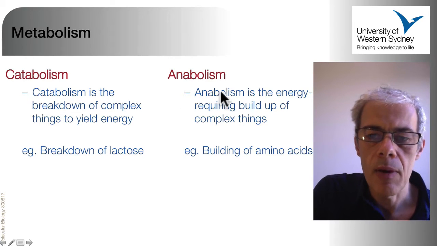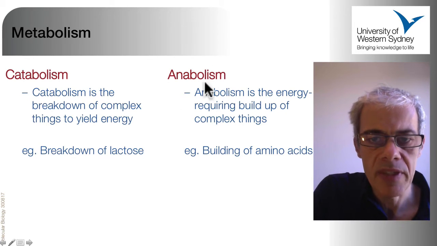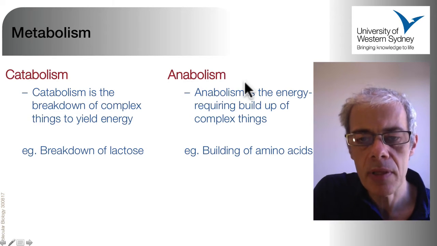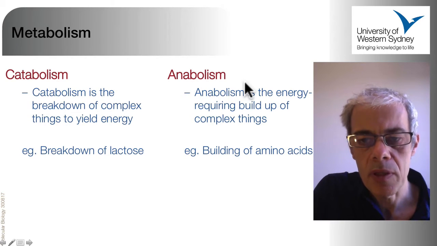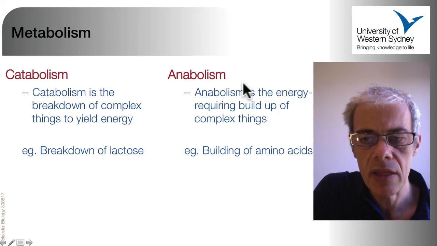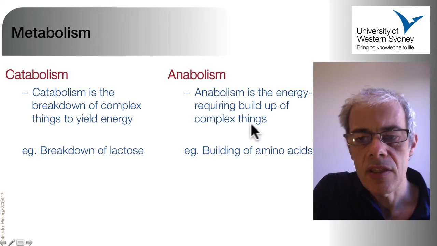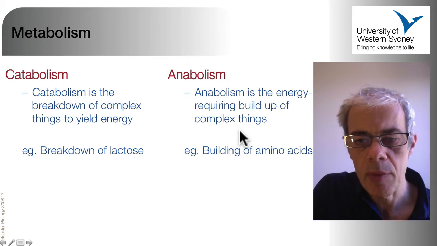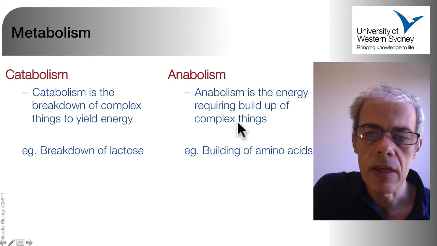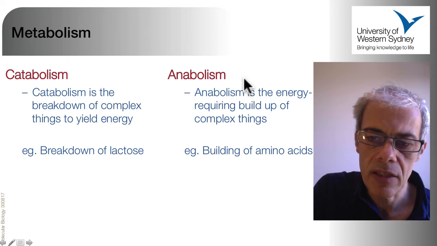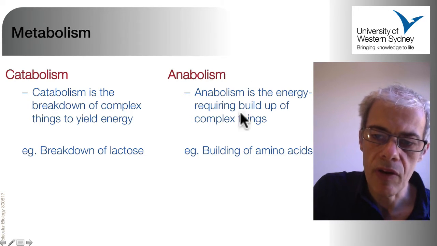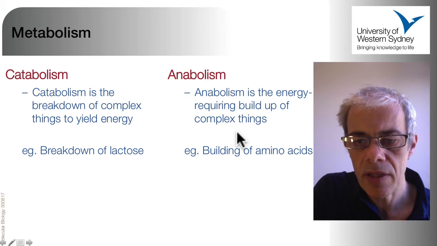Okay, and the other aspect of metabolism is anabolism. It's the building up of building blocks for processes within the cell. So for instance, a cell may need to make amino acids so it can make proteins.